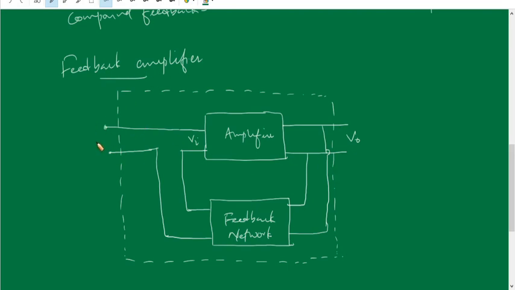Here Vs is the input signal, Vi is the input signal to the internal amplifier, Vf is the feedback voltage, the feedback signal, and Vo is the output signal from the amplifier.